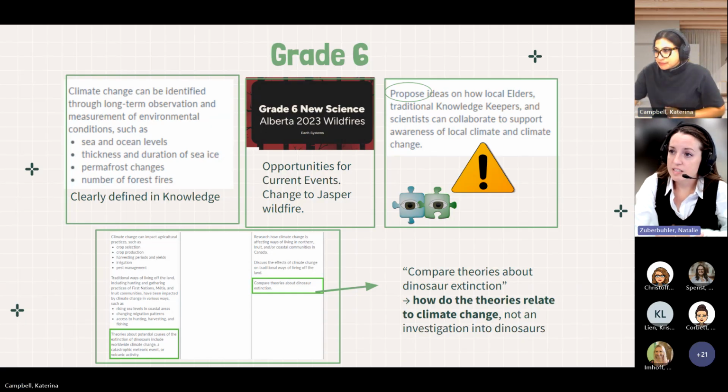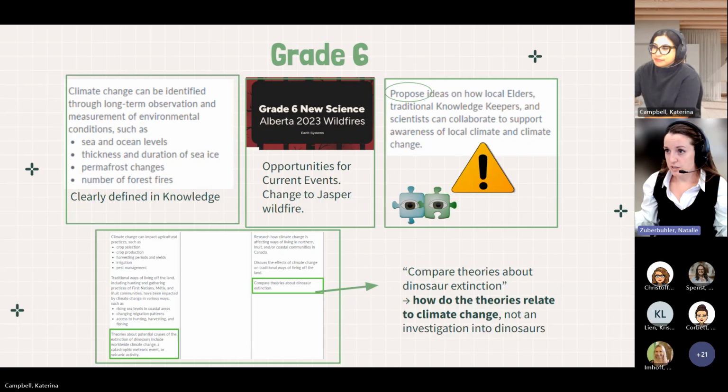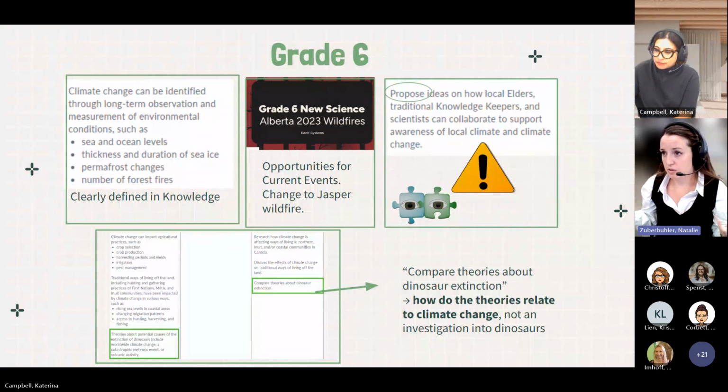If this is an area you would like to delve deeper into, Katerina and I have a bi-weekly meeting with Indigenous Learning Services in order to vet, curate, and gather resources to better support science with this. So shoot us an email and we'd be happy to collaborate and support you with some of these Indigenous cusps in our science curriculum.